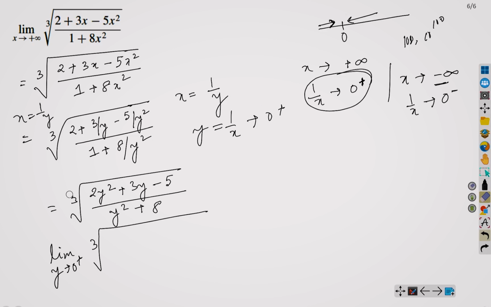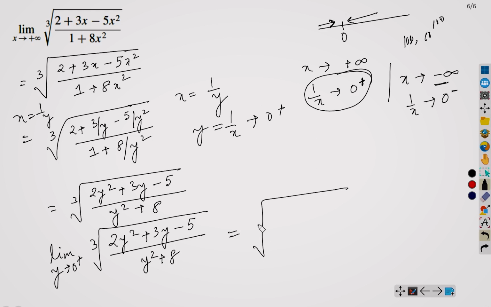Now this we can write in this way, because the limit will exist, isn't it so? So now it is pretty simple.